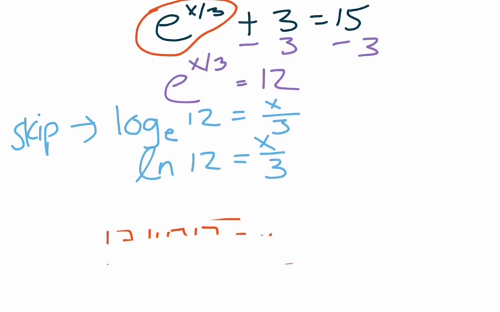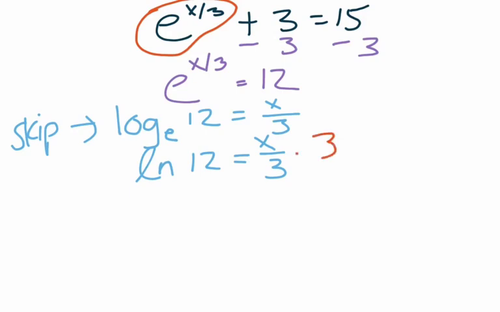All right, new page. And if you are asked for the exact answer, then you are not going to evaluate the natural log of 12 because that's where the approximation is happening, and you just jump over to the next step, which is to solve for x, and you would ask yourself the same question. So what is the 3 doing to the x? It's dividing it. And how do I undo that? I multiply.